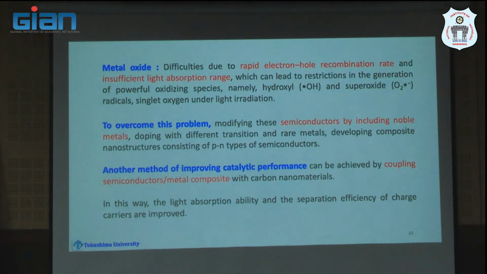Carbon nanomaterial or two-dimensional material. So the idea of using the ternary composite may overcome these disadvantages. In this way, we can enhance the light absorption ability and separation of charge, or we can decrease the electron-hole recombination rate.